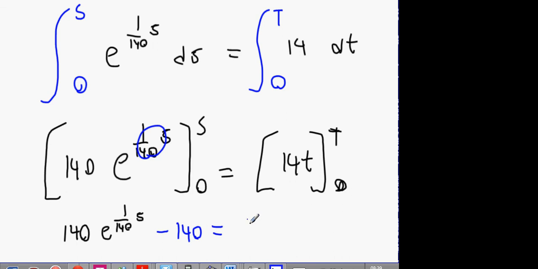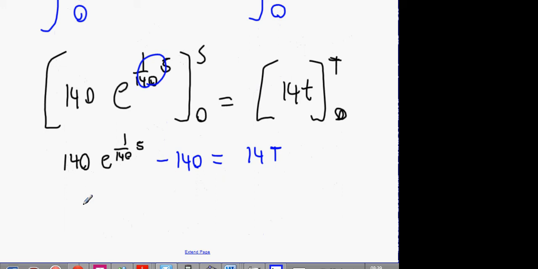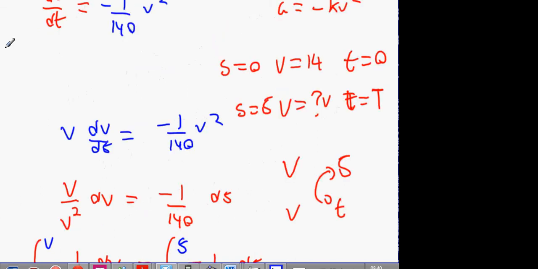And that's going to equal 14t. Divide both sides by 14, and we should get 10 e to the S over 140 minus 10 equals t.